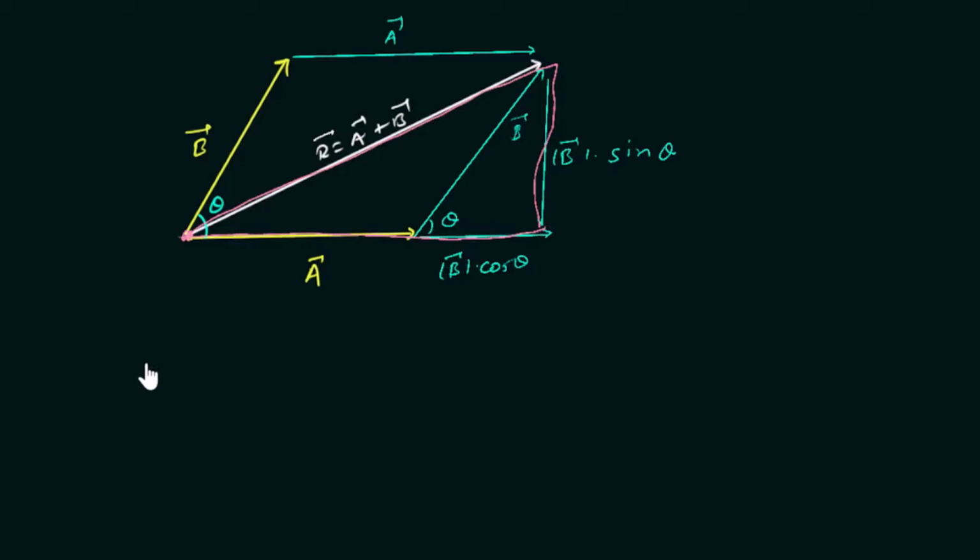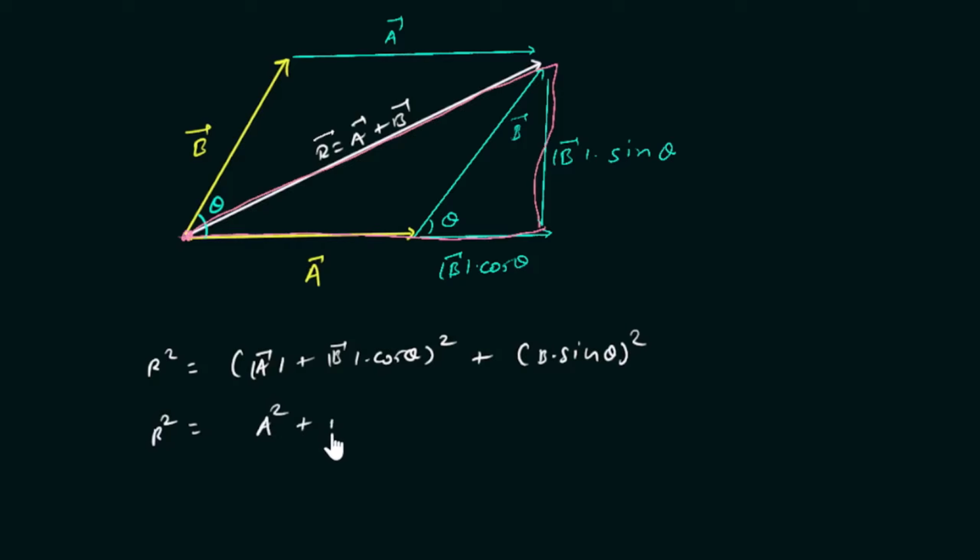So the resultant square would be equal to the vector A's magnitude plus B cos theta, whole square, plus B sin theta, whole square. So R square will be basically A square plus B square cos square theta plus 2AB cos theta plus B square sin square theta.